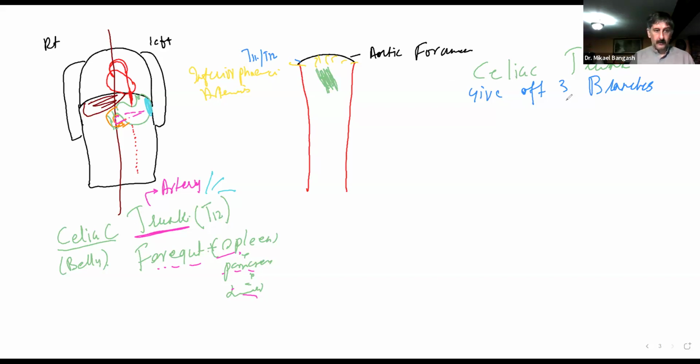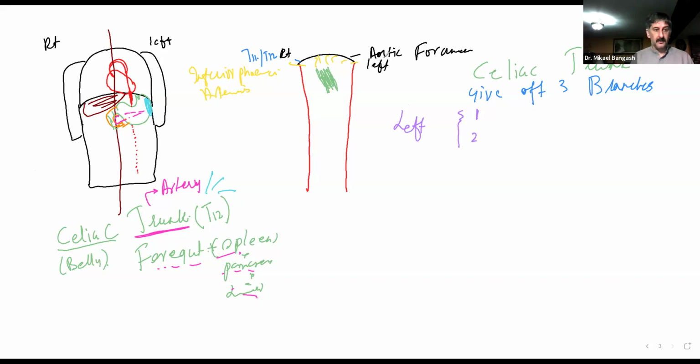Now, one of the important things here is that 2 of these 3 branches are going to be left. Where this was our abdominal aorta, this is the right side, this is going to be the left side.